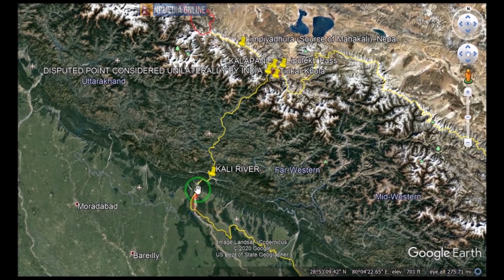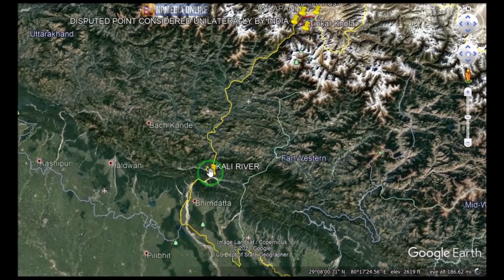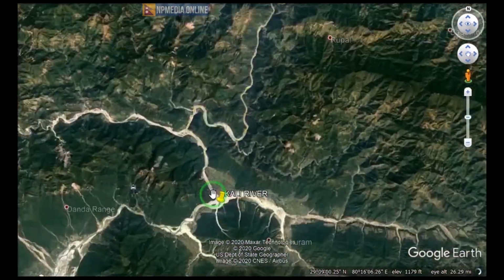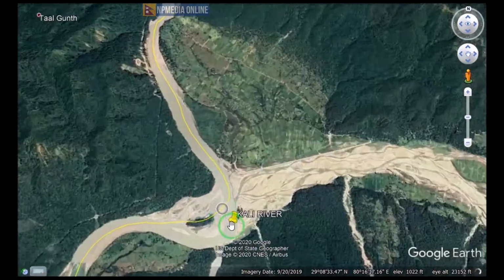The yellow line, the international boundary line, simply follows the Kali River as the Kali River is the boundary between Nepal and India. So, simply let's follow the yellow line, as this also represents the Kali River.